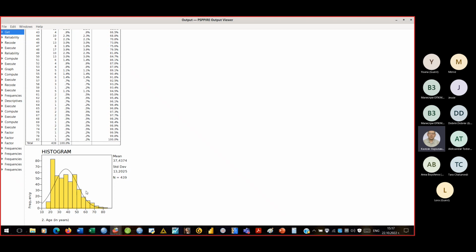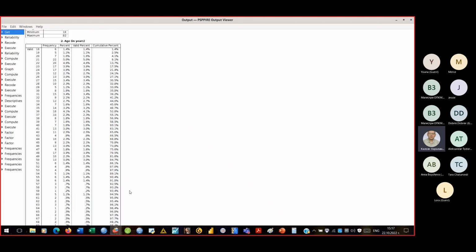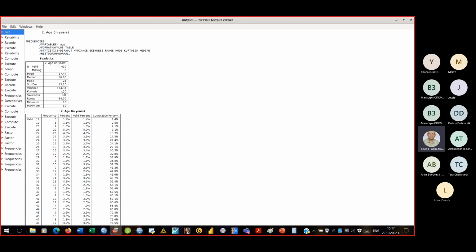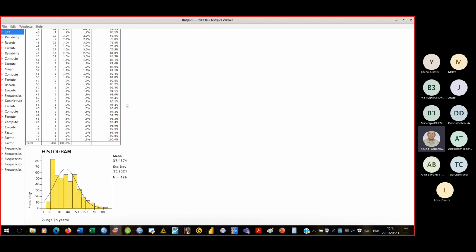And of course, we have bars above the line, but this coefficient minus 0.2 shows that empty area below the line is larger than these bars above the line.